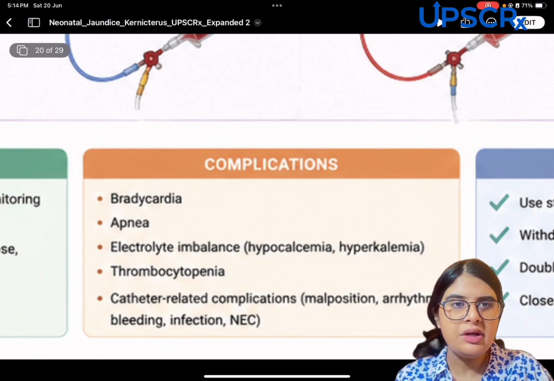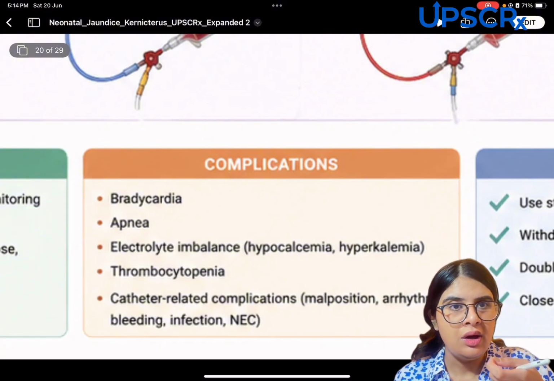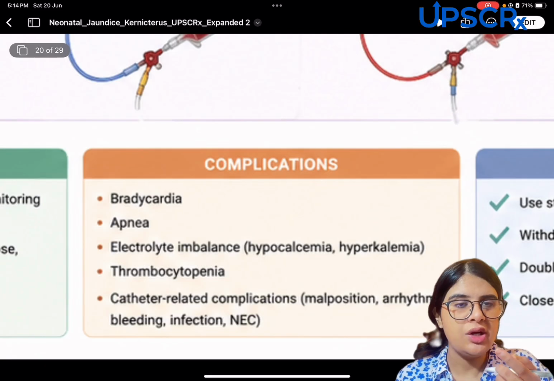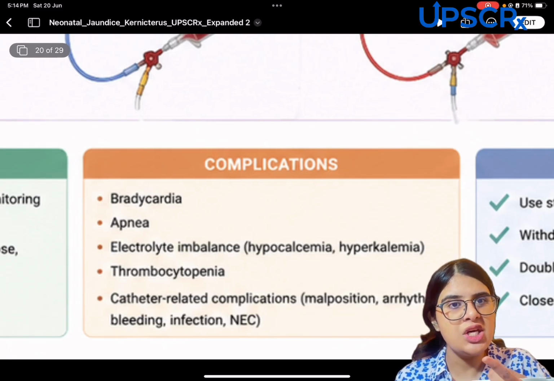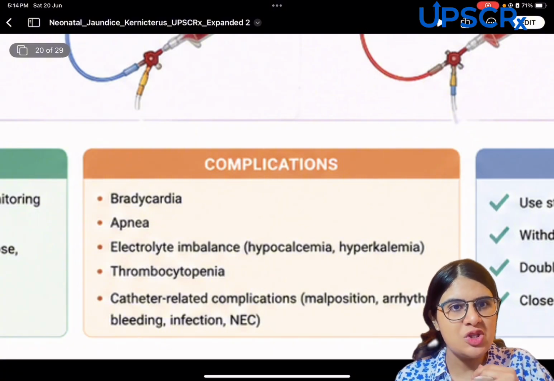And there can be catheter related complications also, because you're inserting an umbilical venous catheter which is going up to the level of the heart almost, right? After you attach this UVC, you have to do an X-ray and see where the tip of the UVC is, and only then you start this double volume exchange transfusion, right?